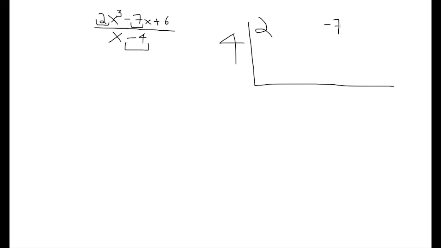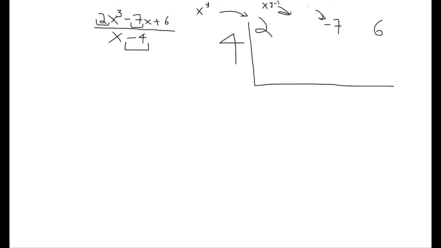And then we would write the coefficient, or the constant, over here. Now we're actually missing something here. Because when we do this, this is meant to represent x to the power of y minus y. Then this second column would represent x to the power of y minus 1.